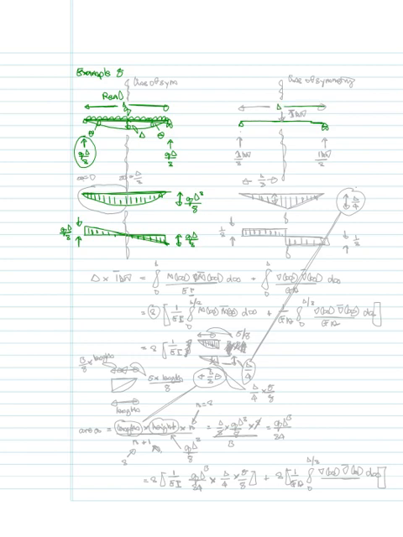So the system is like that, length L. Unit load 1 bar kilonewtons. Reaction would be 1 kilonewton over 2.